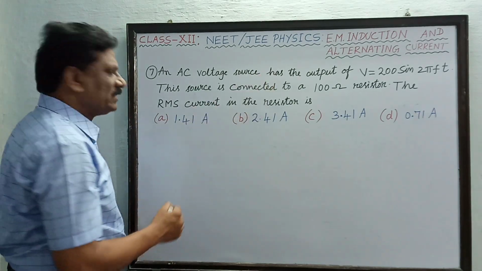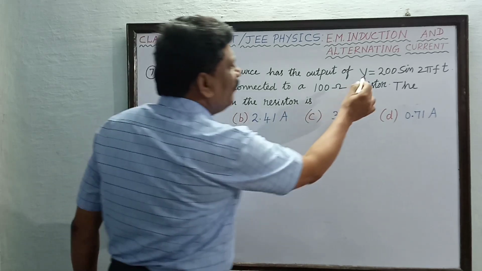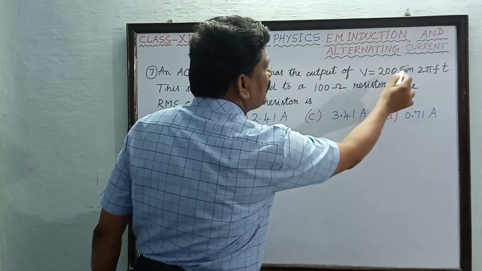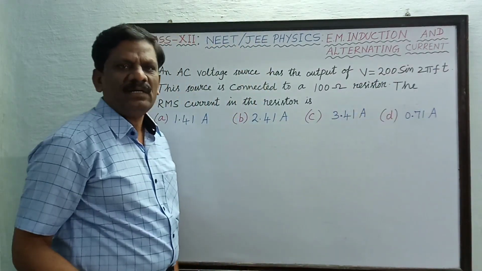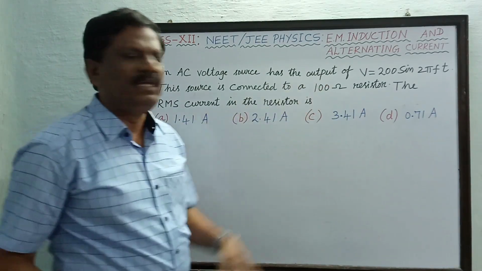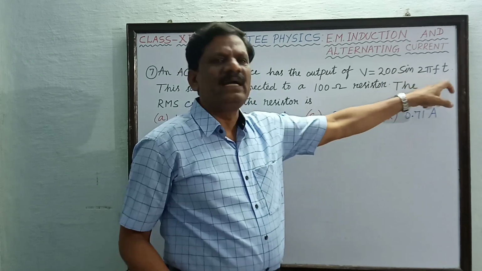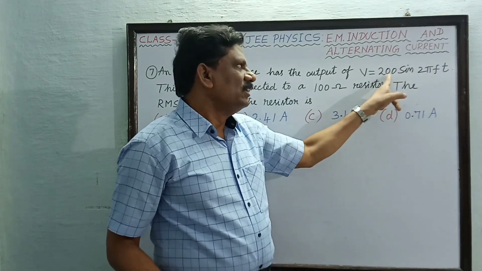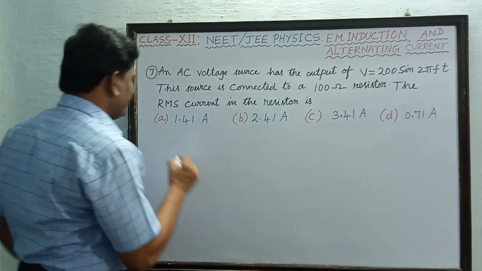First, check the given equation once again. V equal to 200 sin 2 pi f t. This is compared to the equation V equal to V0 sin omega t. So 200 is the peak value.